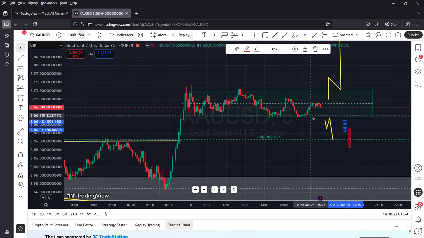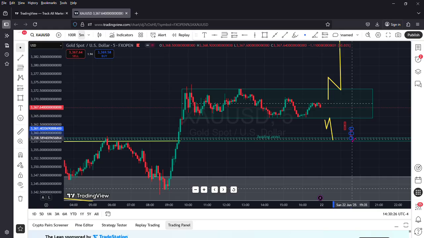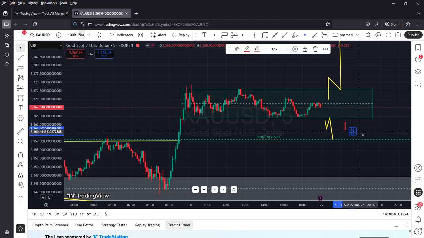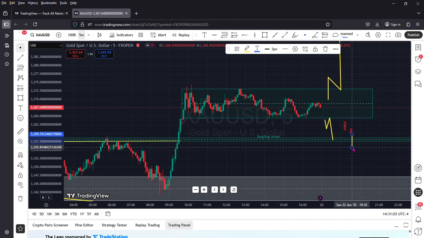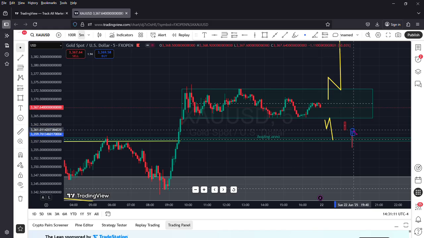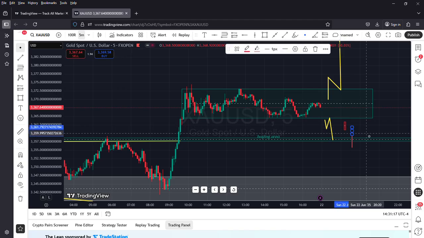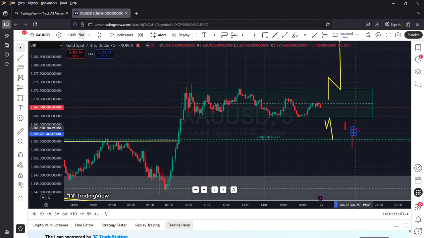But if peradventure the market comes here and gives us something like this, and has a pullback, breaks out from this zone, comes back and has a pullback and stops here, and we have something like a weak candle, and does something like this.